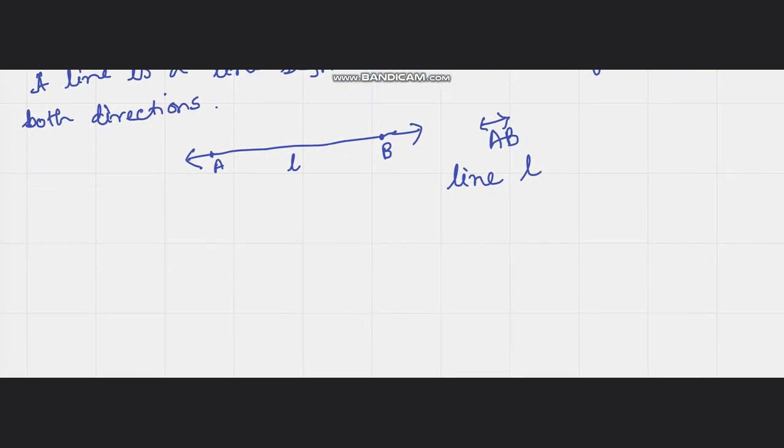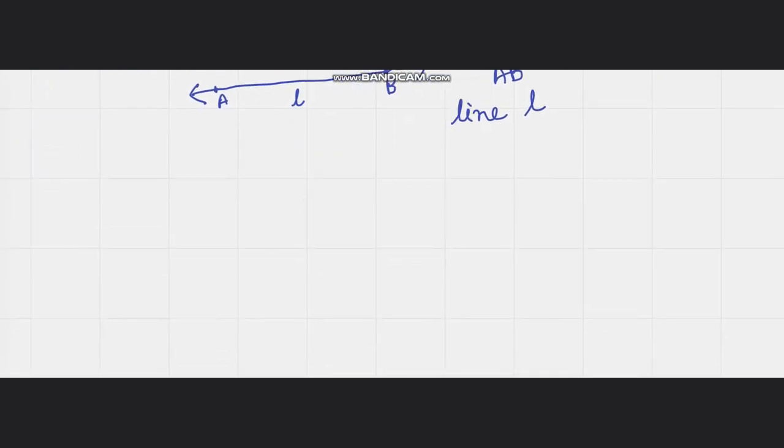So now let us see the different types of lines. The first one is intersecting lines. So what are intersecting lines? Intersecting lines are two lines that meet at a common point.